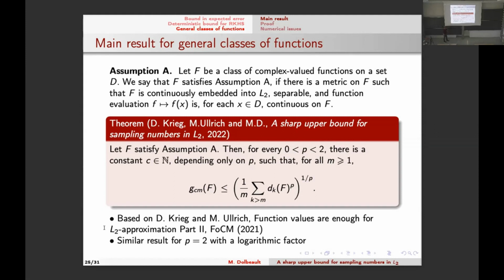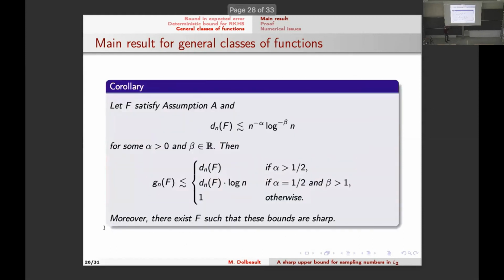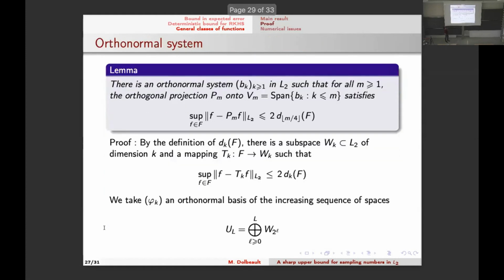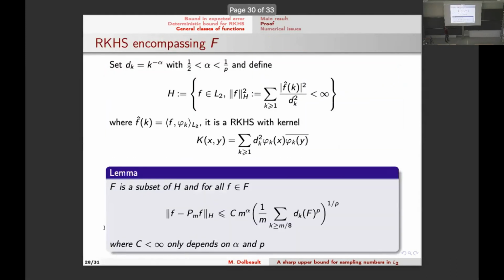And what happens is that I have the same bound, but in little lp instead of L2, for p smaller than 2, which is a bit weaker. The proof can be deduced from the previous one just by creating a reproducing kernel Hilbert space that contains my class F. And then I will apply my result on reproducing kernel Hilbert spaces.